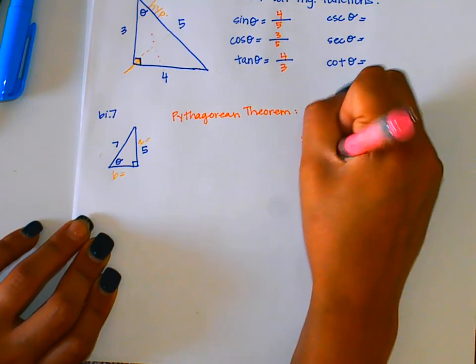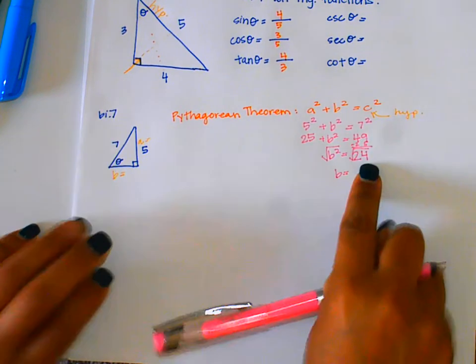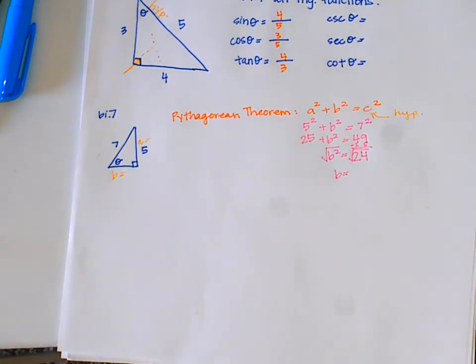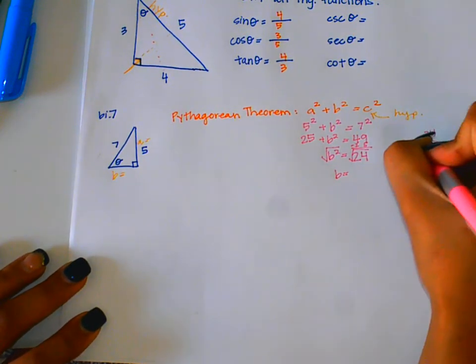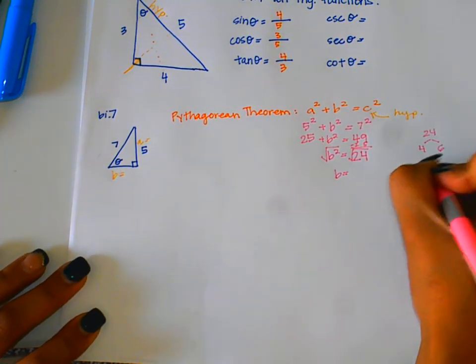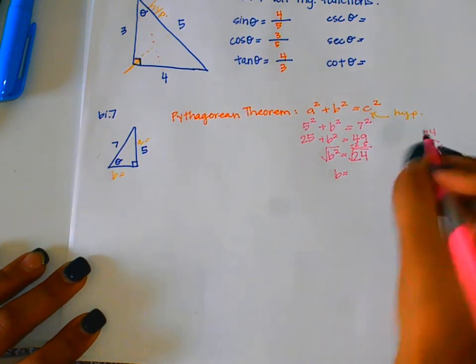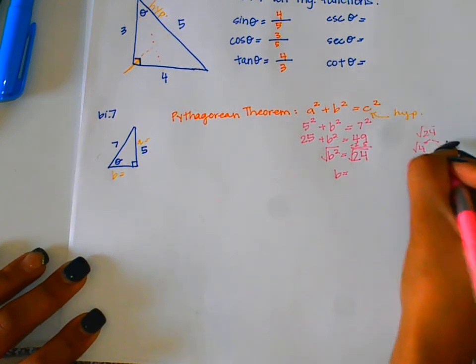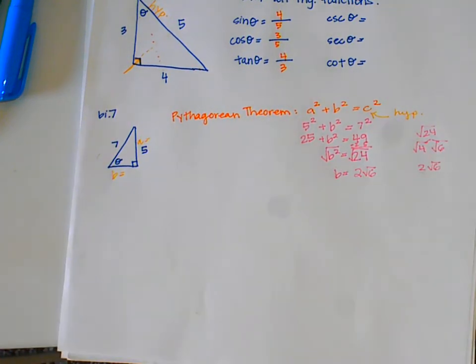Take the square root of both sides. So b is equal to the square root of 24, which, if we take it off to the side, I should have picked an easier example, we get 2 radical 6.